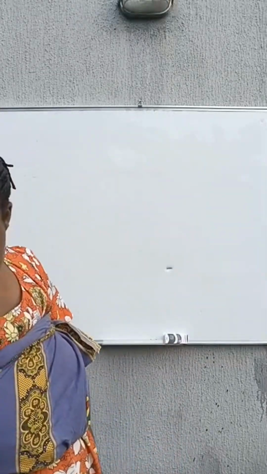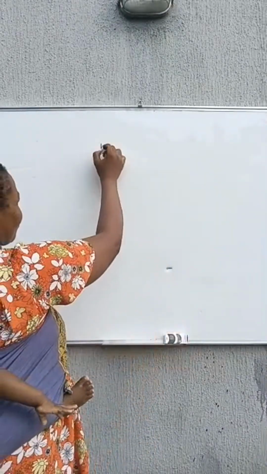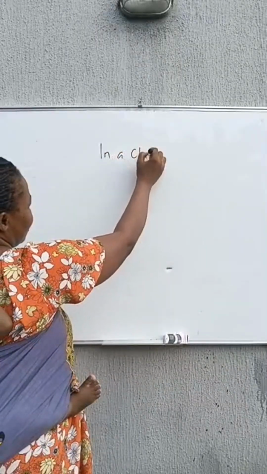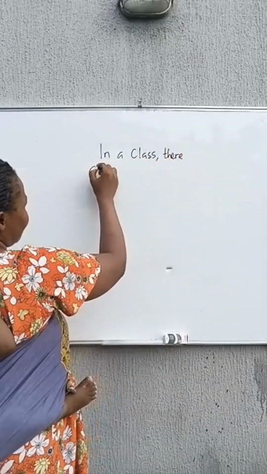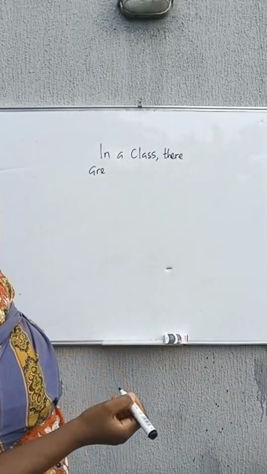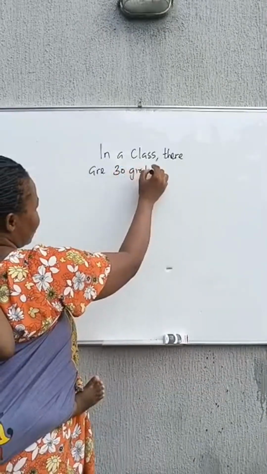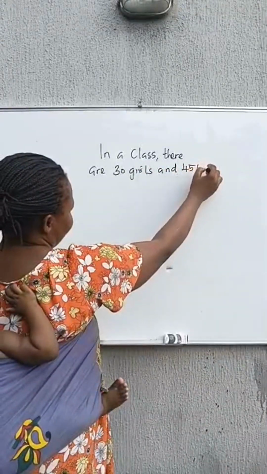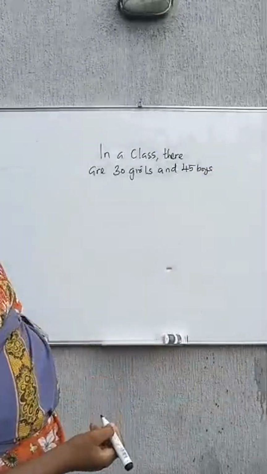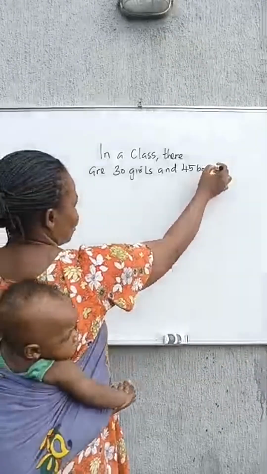It says, in a class, there are 30 girls and 45 boys.